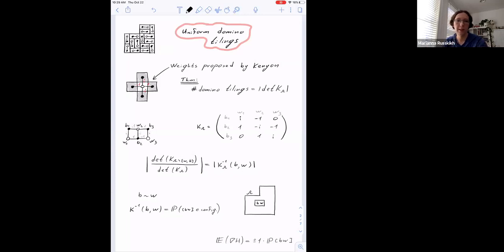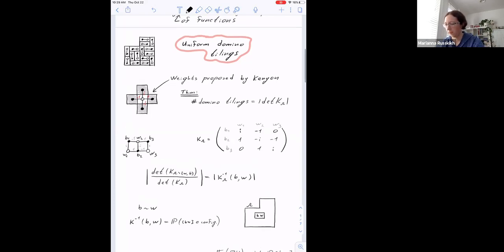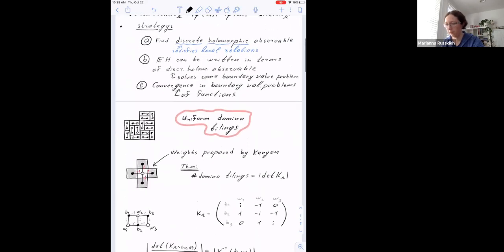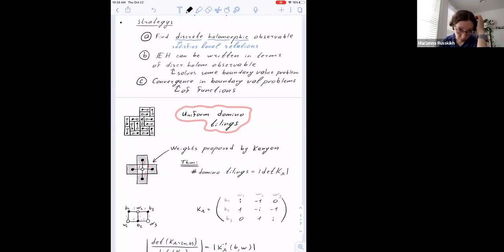So let us discuss the general strategy, how to use discrete complex analysis to show the convergence of 2D lattice models on the example of uniform domino tilings on the square lattice. And here is the general strategy.